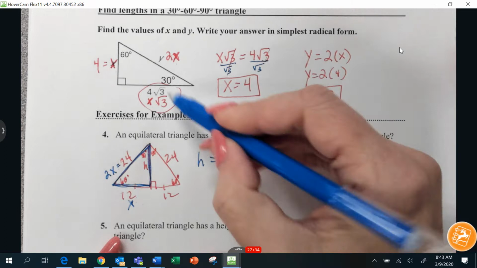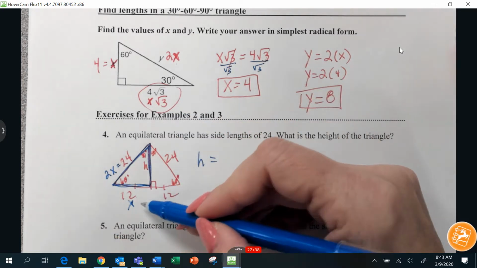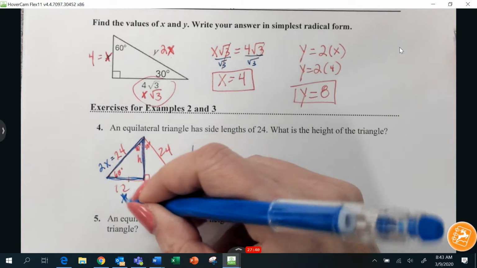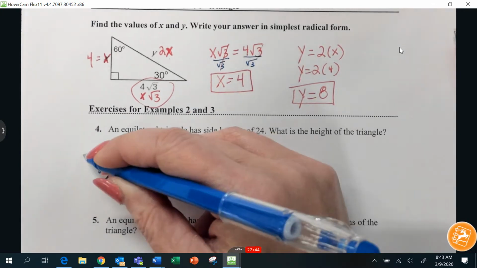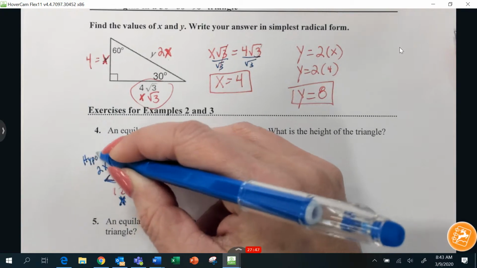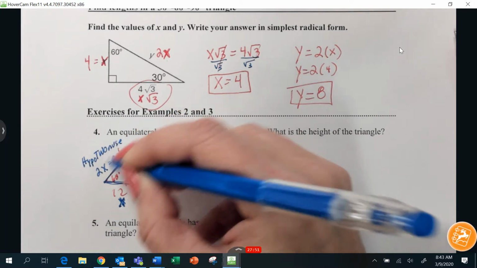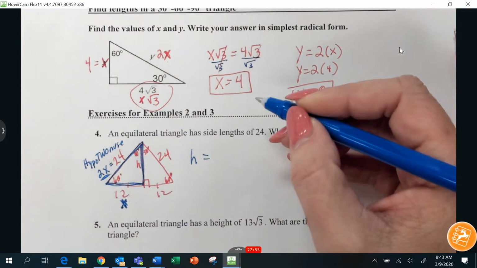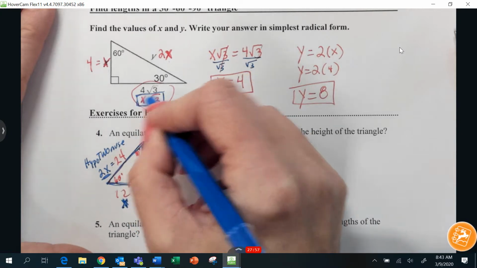Okay, so the 12 down here is our shortest side, which we're going to call x every time. And our hypotenuse is always 2x every single time. The third side, we always say, is x radical 3.